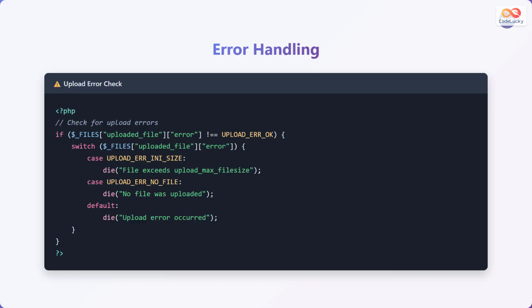UPLOAD_ERR_INI_SIZE indicates that the uploaded file exceeds the upload_max_filesize directive in PHP. UPLOAD_ERR_NO_FILE indicates that no file was uploaded. The default case is used to handle any other upload errors that may occur. It's crucial to handle upload errors gracefully to provide users with helpful information and prevent unexpected behavior.